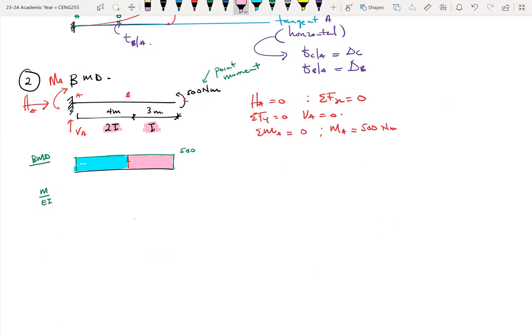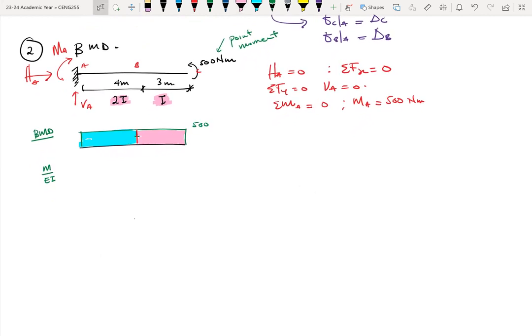Now I want to divide this by the EI. So between A and B is 2I, which means that my diagram here between A and B becomes 500 over 2I, and that's the same as what? 250 over I. So between A and B, this height right here is 250 over I. Okay.